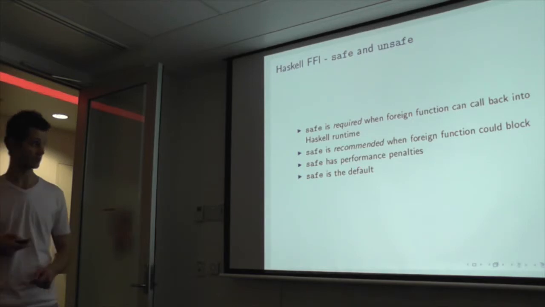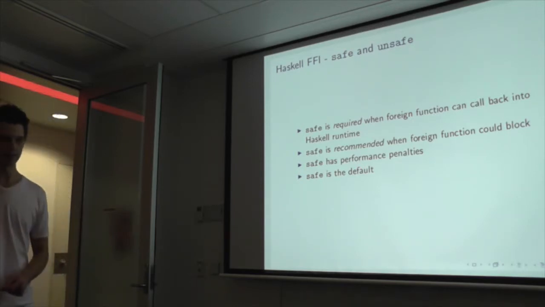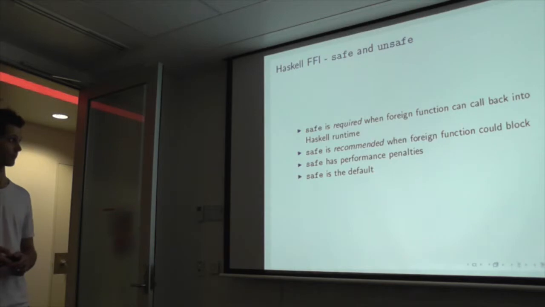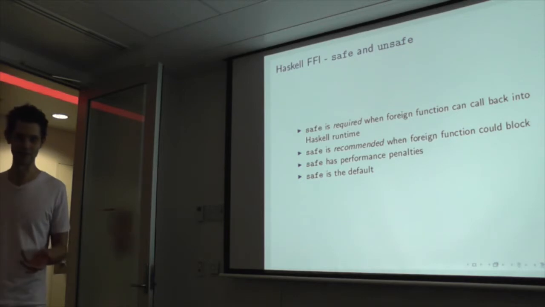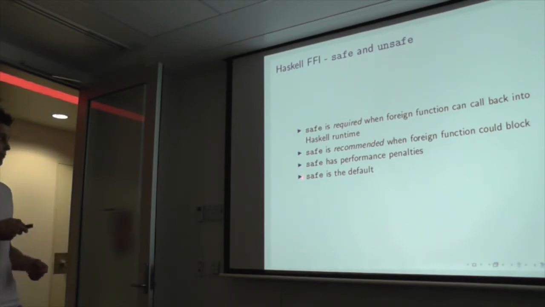Safe has performance penalties, so there's extra bookkeeping and overhead that the safe function performs in order to have safe re-entrancy into the runtime and whatnot. And safe is the default. I've only really talked about safe here because there's not much else to say really, other than these are what safe does that unsafe doesn't.